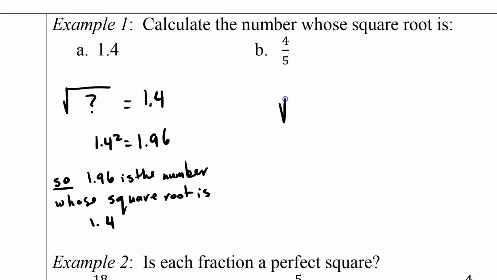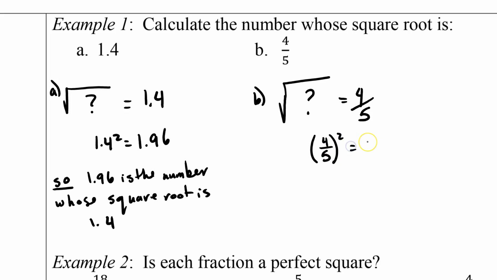So let's do the same thing for B. The square root of what is 4 over 5? So essentially what we're saying is 4 over 5 squared is what? Well, we're going to learn more about this in our exponents and powers unit, but the exponent goes to both the numerator and denominator.